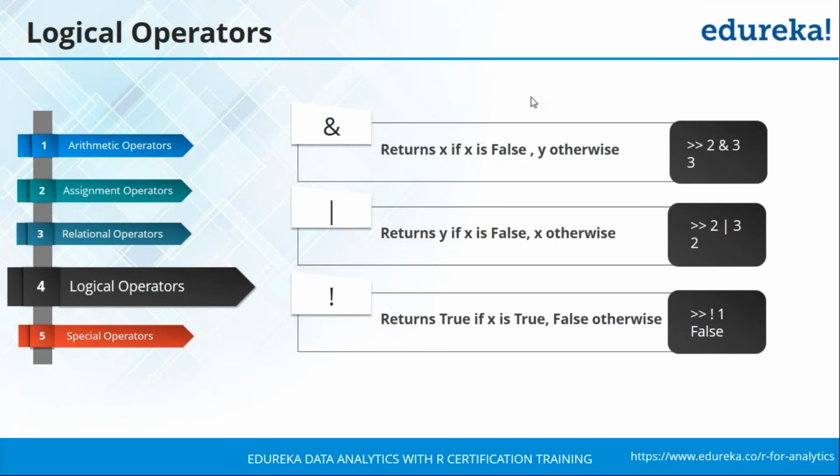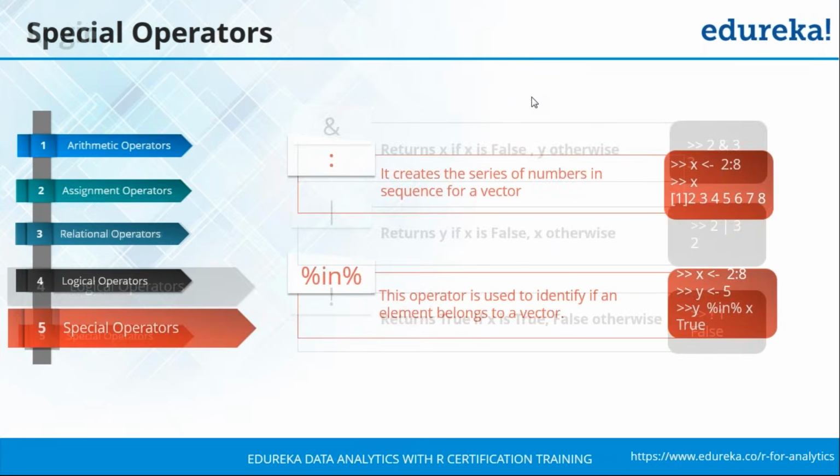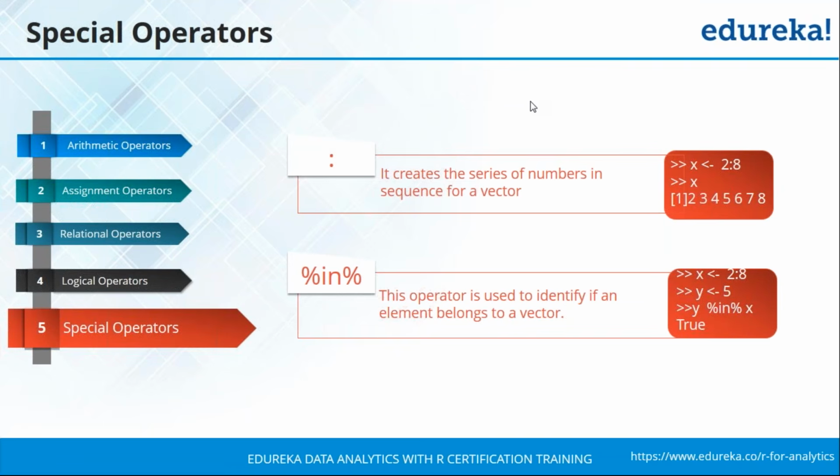So let's move forward to the final operators, the special operators in R. The first is the range operator. Your range helps you store a sequence of numbers within a specific range. You need to specify the first number and the last number on the left-hand and right-hand side of the colon. This tells R that all the values in this range have to be stored in a variable.